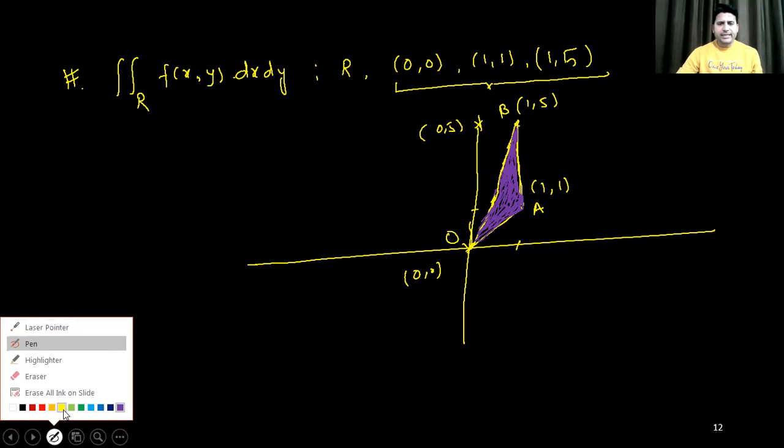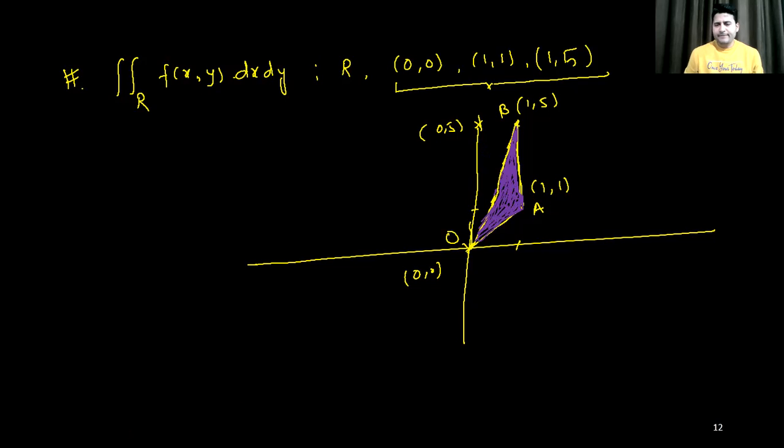The answer is that only one strip is needed, because the variation of the strip inside the region does not change its starting and end curve. Starting will always be this curve and terminating will always be this curve.